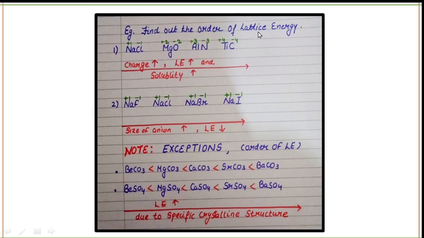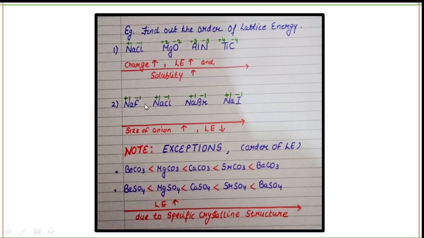Let's understand the concept of lattice energy. You are given an order: NaCl, MgO, AlN and TiC. You have to tell the order of lattice energy in this series. As you can see, when you move from NaCl to TiC, the charge is increasing. That's why if charge is increasing, the lattice energy will also increase.